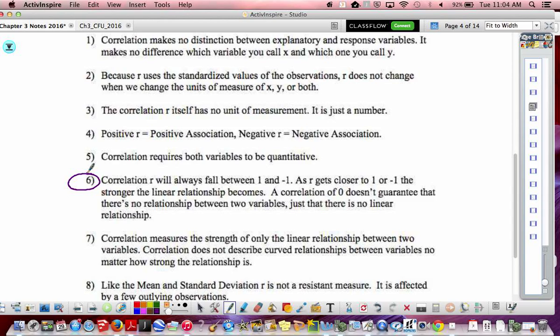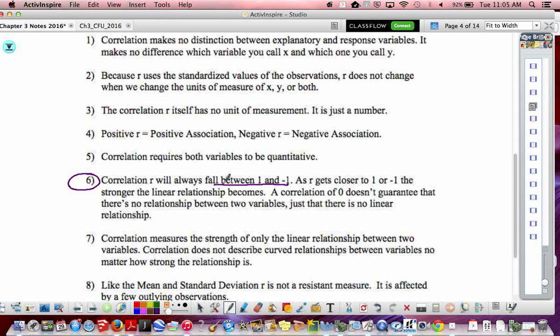When your calculator plugs in the values into this particular formula, it's going to give you a number between 1 and -1. The closer that it gets to these values, the stronger your linear relationship is.